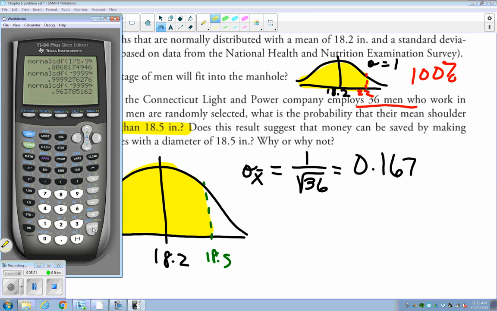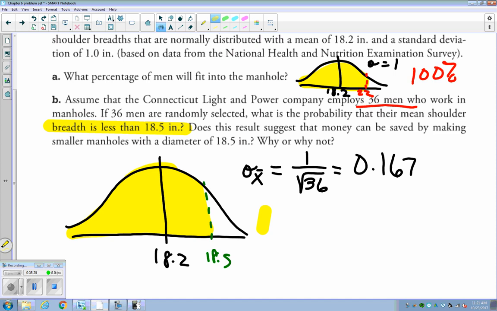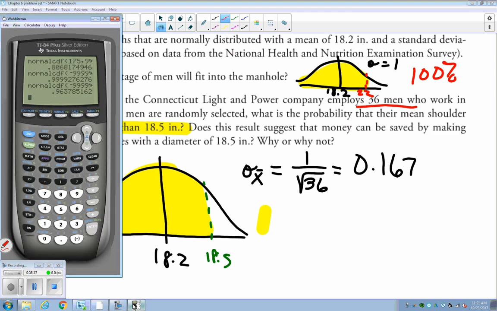And I find the result to be 96%, 96.37. I got 0.9637. So 0.96 rounded.